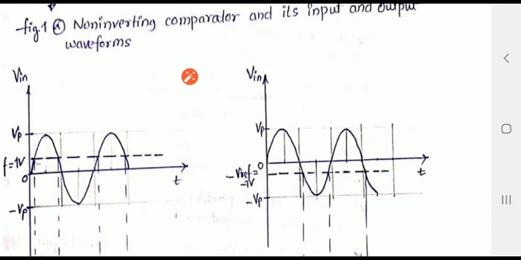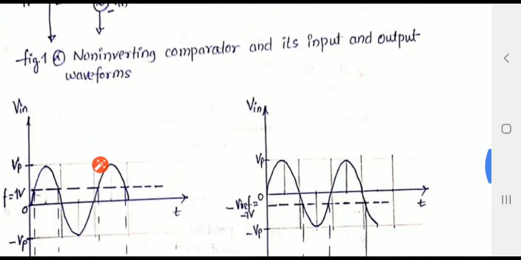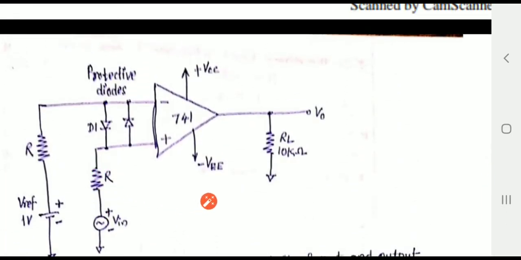Otherwise, if Vin is less than the reference voltage, then V0 should be minus VEE. In other words, we call it minus V saturation.